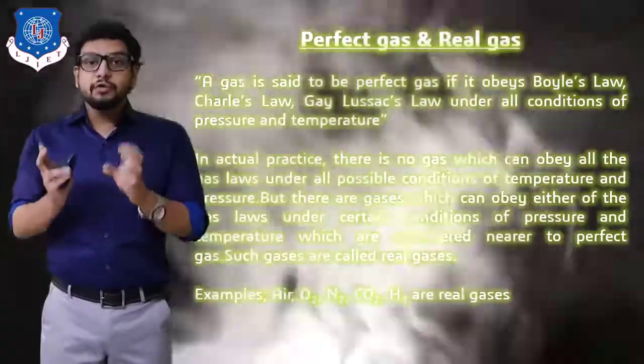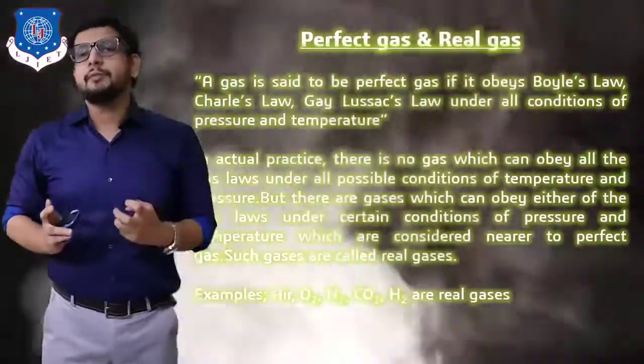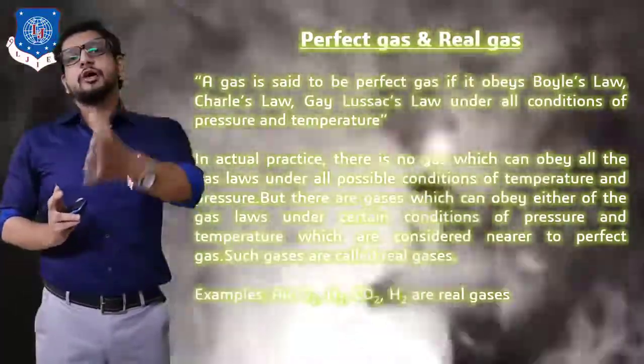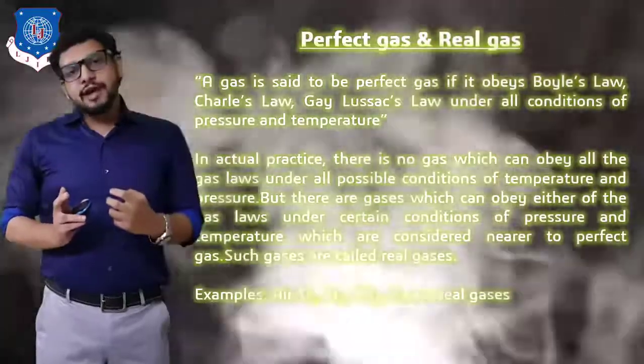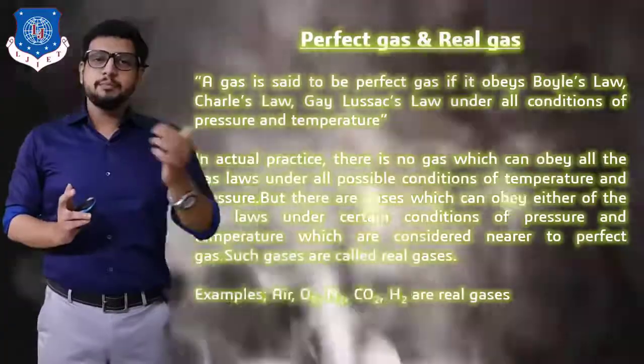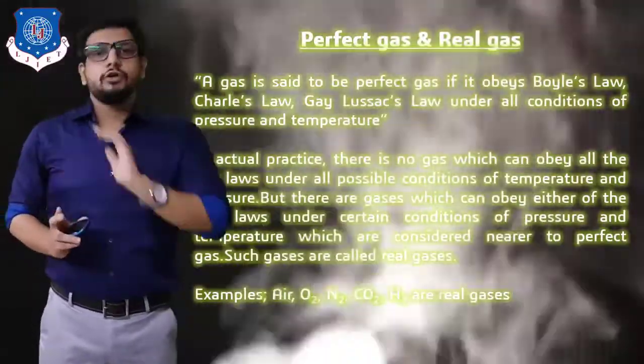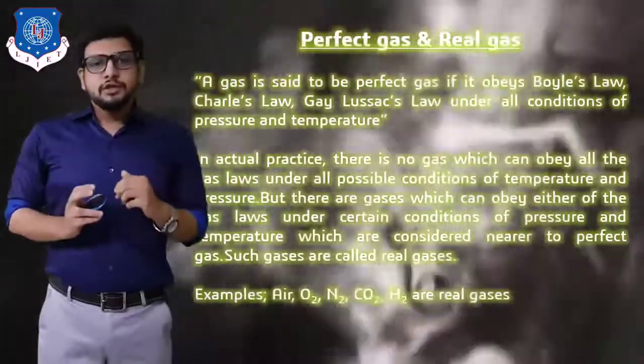So when we try to maintain constant temperature, definitely the remaining two parameters, volume and pressure, are going to change. Similarly, when we maintain constant pressure, temperature and volume change. And when we maintain a constant volume, temperature and pressure will change.